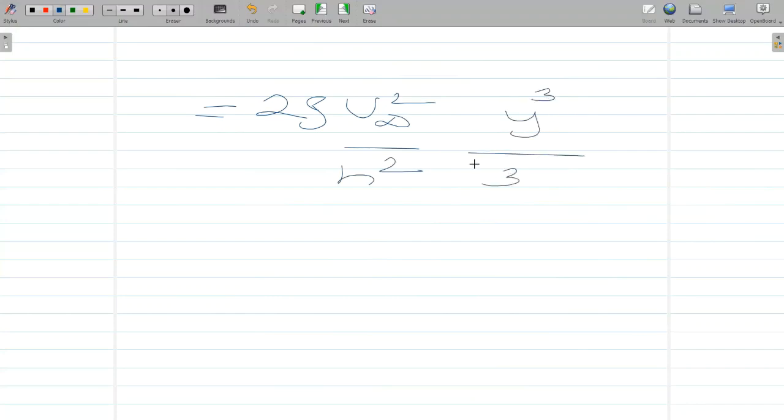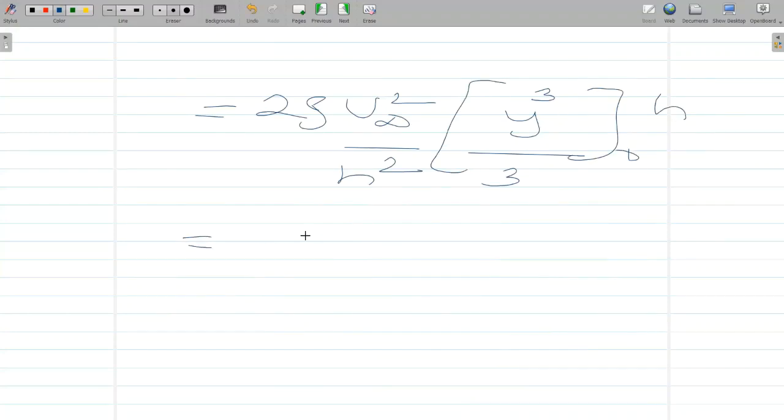And so that is nothing but 2 rho u infinity square by h square into y cube by 3 from 0 to h.